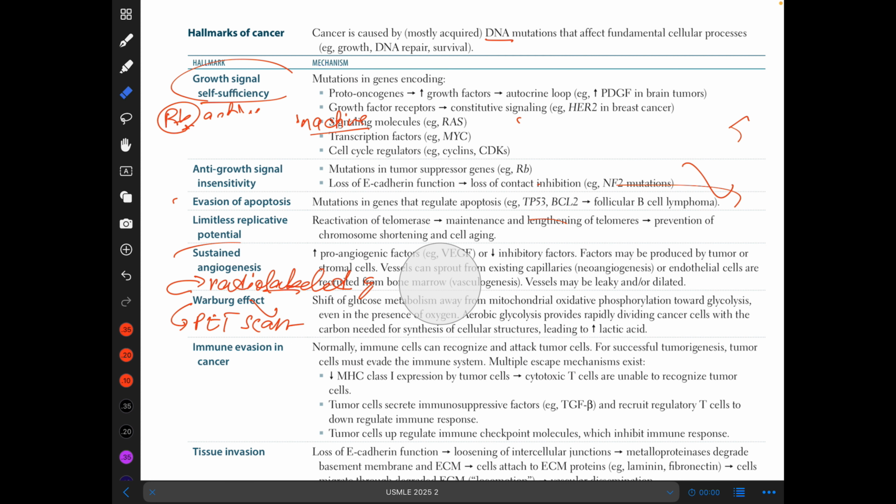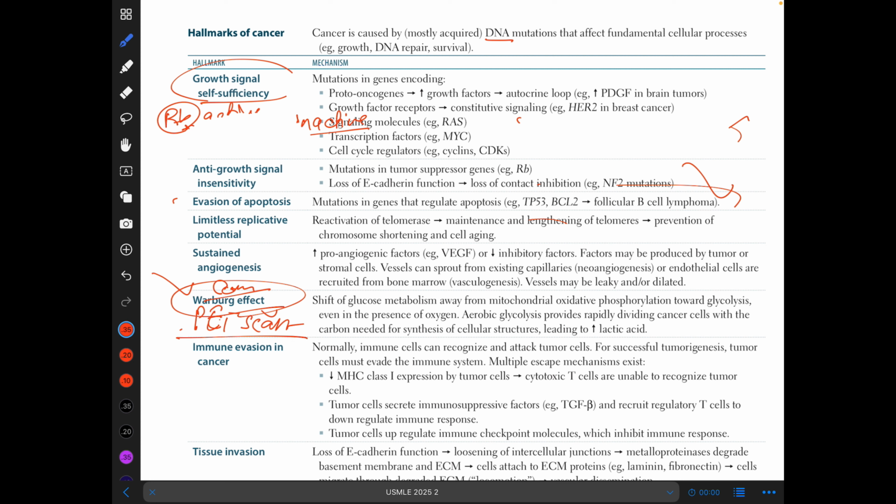Again, it's a very important point that the PET scan uses the Warburg effect, which is the uptake of glucose by cancer, and by giving radio-labeled glucose we can detect cancers.